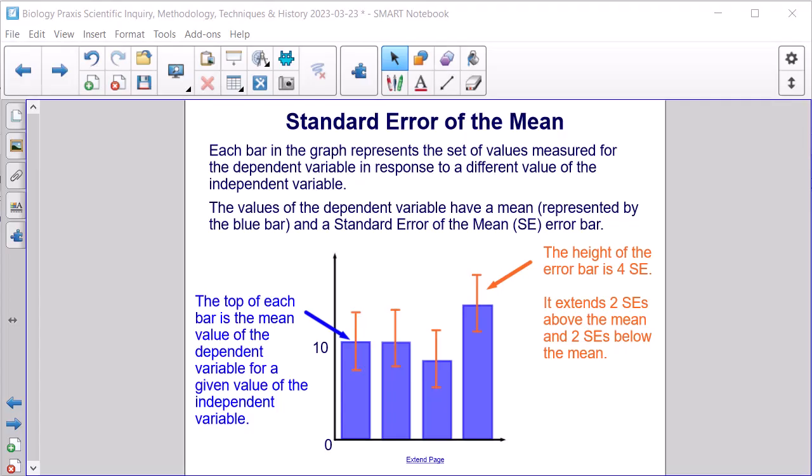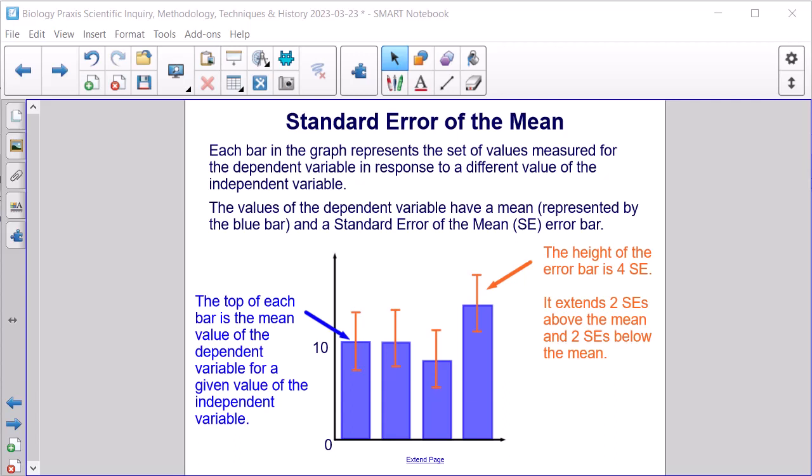Each bar in the graph represents the set of values measured for the dependent variable in response to a different value of the independent variable. The values of the dependent variable have a mean, represented by the blue bar, and a standard error of the mean, the SE error bar.